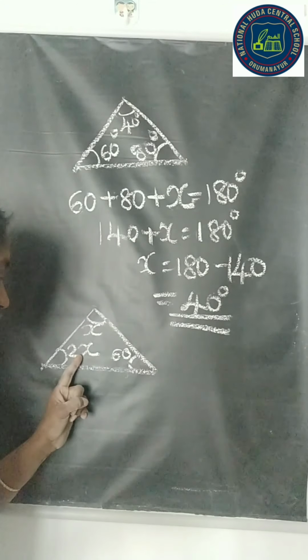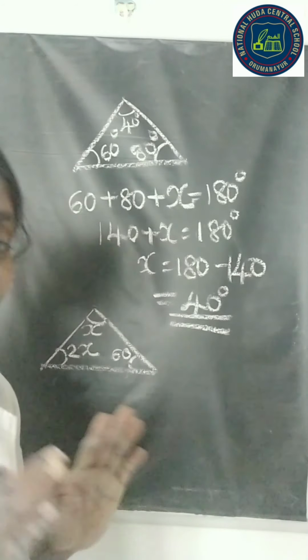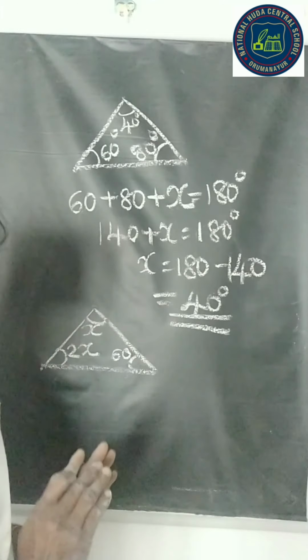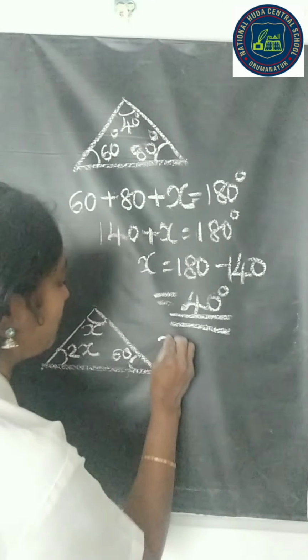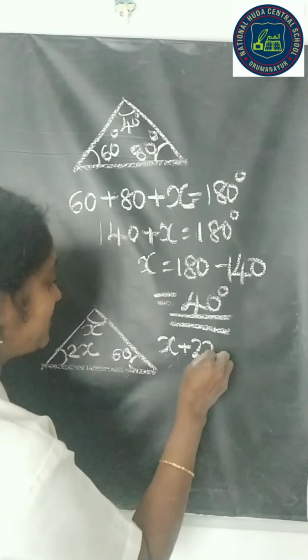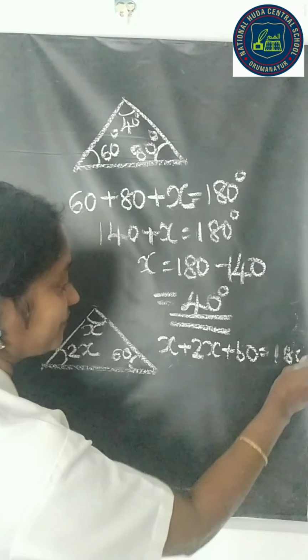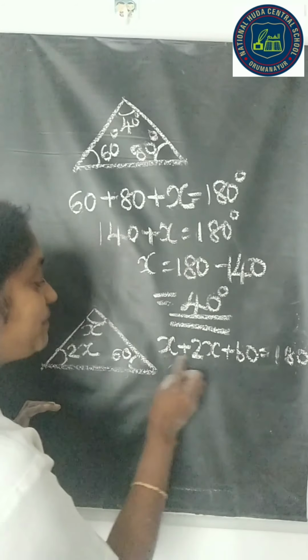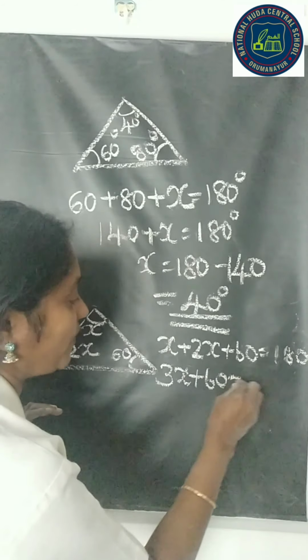And next question. Here it is 2x, here it is 60. What is the value of x? We know that the total measure of the three angles of a triangle is equal to 180 degrees. So we write x plus 2x plus 60 is equal to 180. And x plus 2x is equal to 3x. 3x plus 60 is equal to 180.